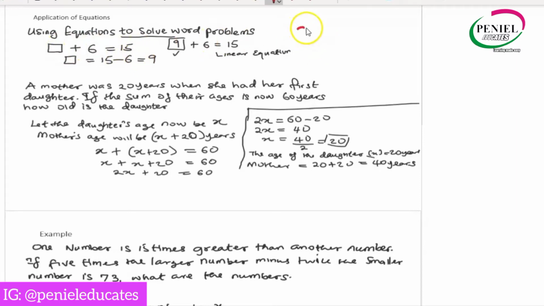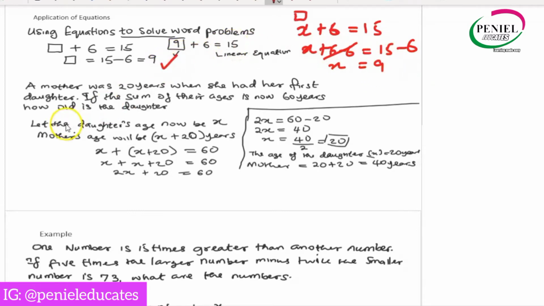Since you are given x, that's the block, x plus 6 is equal to 15. You only need to find x, so you just need to minus 6 from both sides: 15 minus 6. Then the 6 cancels, so your x will be 15 minus 6, that is 9. That's just a linear equation.